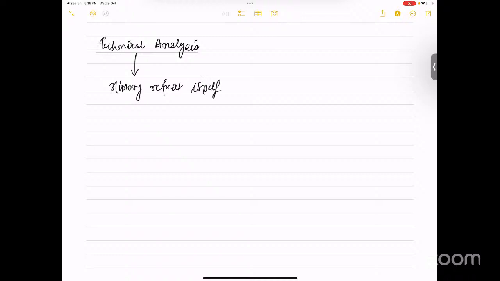As mentioned earlier, one of the key assumptions in technical analysis is history repeats itself, and this probably is the most important assumption. We can assume few things for the simplicity and for understanding of the concepts.